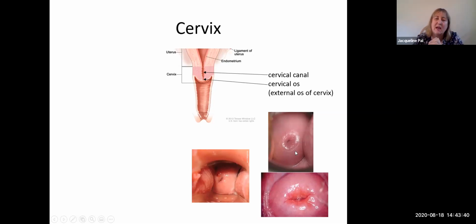This is what it looks like if a woman has not had a vaginal birth, or had a D&C, or had an abortion where products went through, or a miscarriage where products went through the cervical canal.